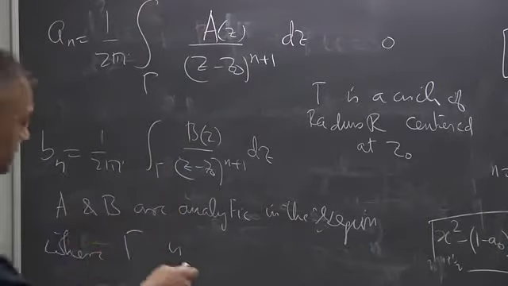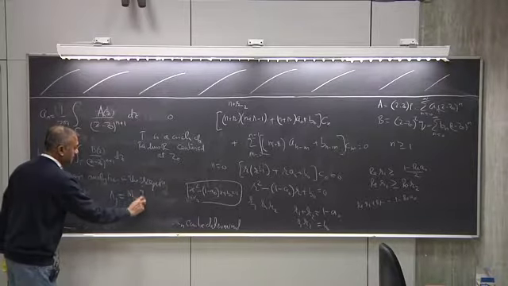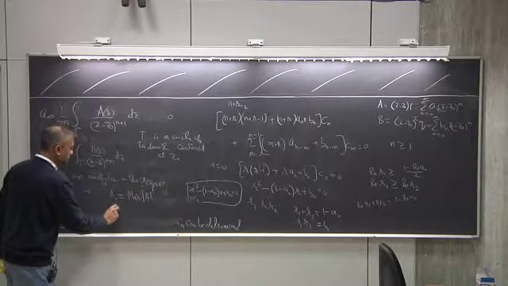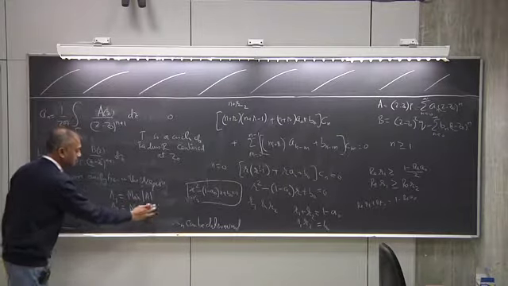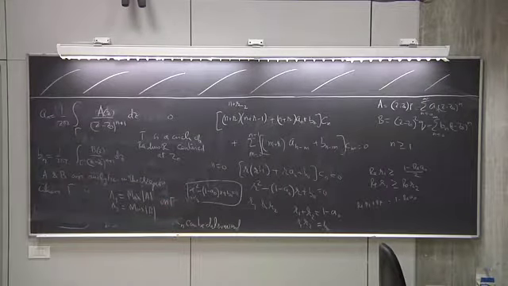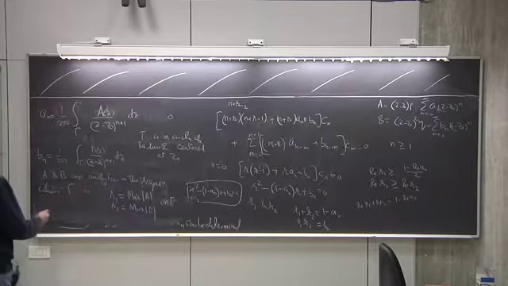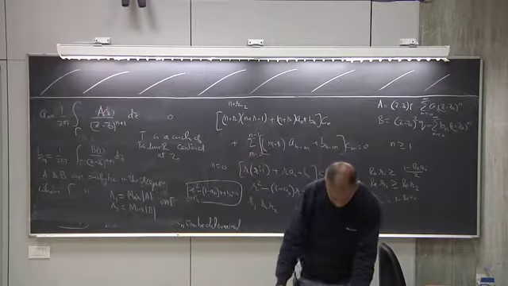So let's suppose lambda 1 is the max of A, and lambda 2 is the max of B on the circle gamma. Is there a factorial? No, there's no factorial.